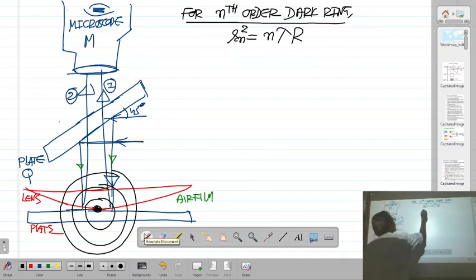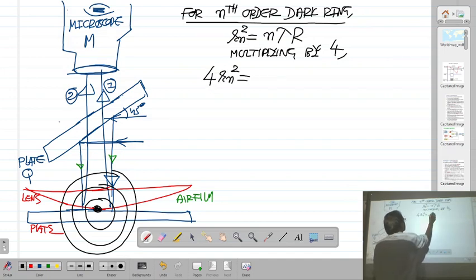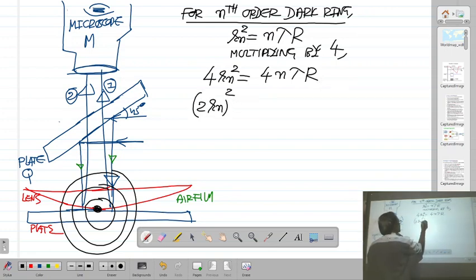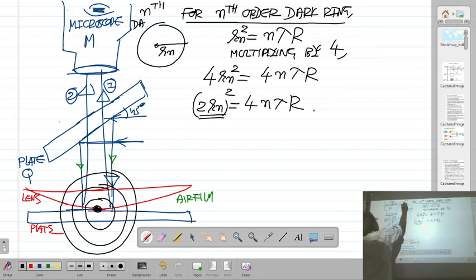If I multiply both sides by 4, we get 4r_n squared is equal to 4n lambda R. Now what is this 4r_n squared? It is equal to (2r_n) squared. So (2r_n) squared is equal to 4n lambda R. What is 2r_n? If r_n is the radius of the nth dark ring, then 2r_n is the diameter of the dark ring.